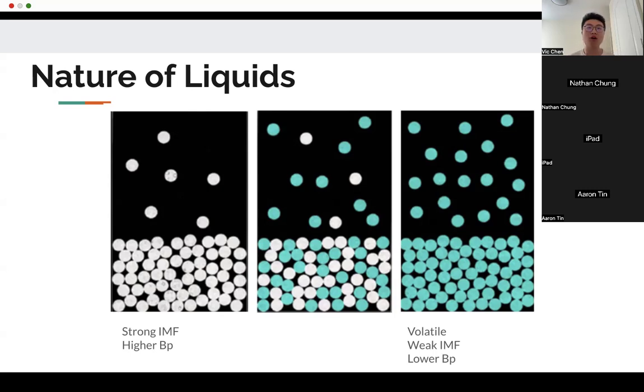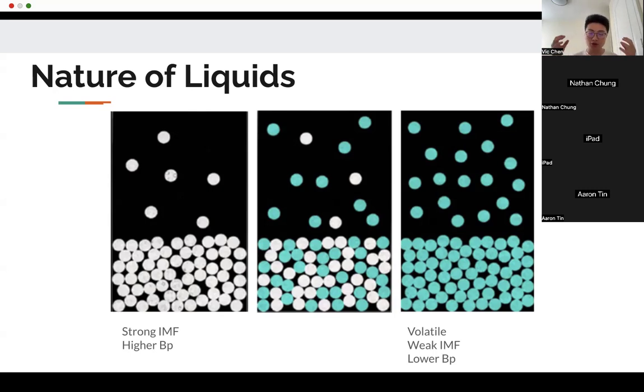So let's use water as an example. The intramolecular forces of attraction are between the hydrogen atom and the oxygen atom in water. But the intermolecular forces of attraction deal with the force of attraction between specific water molecules, specific H2O, H2O molecules. The attraction between these two molecules is referred to as the intermolecular forces of attraction.